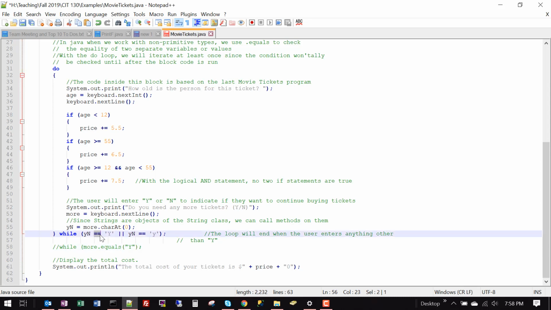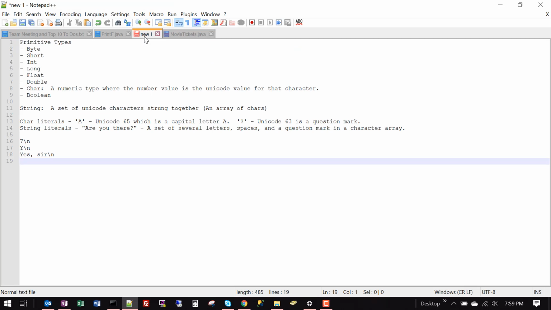When we do the object-oriented stuff after the midterm, that's when you'll really understand why this works that way. We'll really talk about what the difference is, but for now, just understand that with strings, we use the dot equals, and with primitive types, which char is a primitive type, remember, we just talked about that, reiterated that today, we use the double equals.